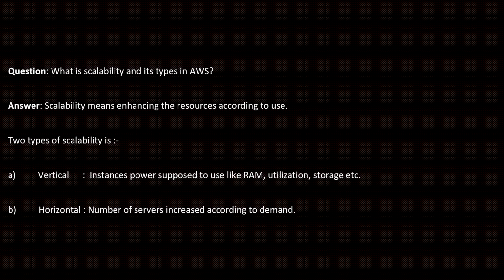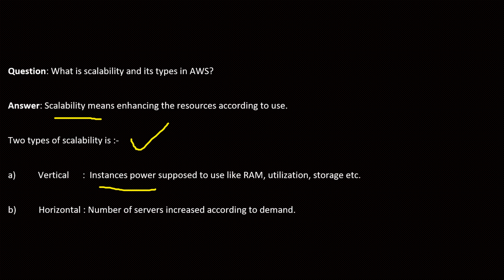Next is: what is scalability and its types in AWS? Scalability means enhancing the resources according to request or demand. There are two kinds of scalability: number one is vertical, second is horizontal. Vertical means increasing instance power, like RAM utilization and storage.